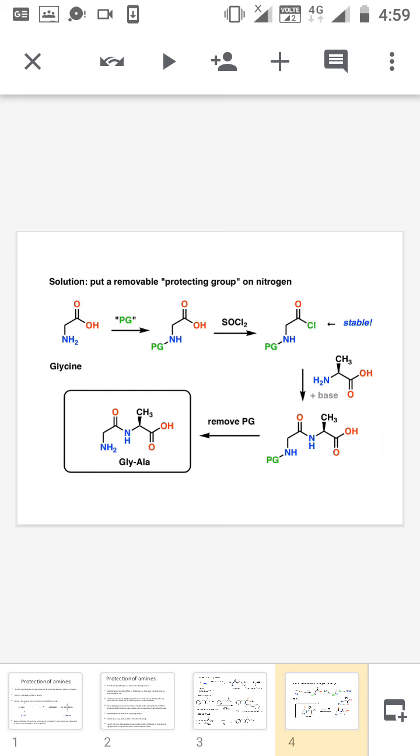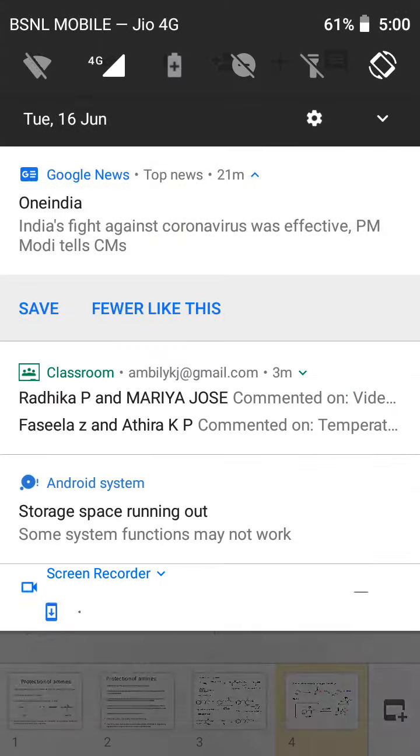Then after the dipeptide synthesis, the reaction is complete. Now we have to remove the protecting group from the amine for the next addition of an amino acid. So we remove PG, we get a dipeptide, and this dipeptide is then used for multiple peptide synthesis. Hope you understood the protection of the amine.